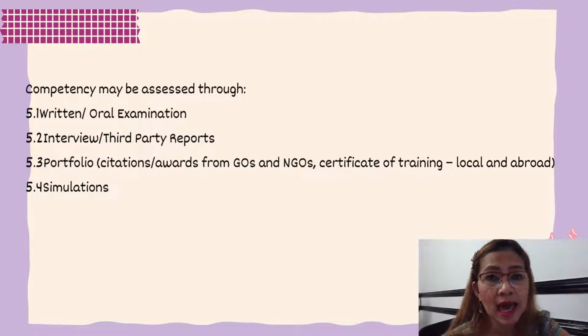Second, we can have interview, third-party reports. Number three are the portfolios that we are asking for our trainees. This has citations, awards from GOs, NGOs, certificate of trainings, local and abroad. And the last one is a simulation.